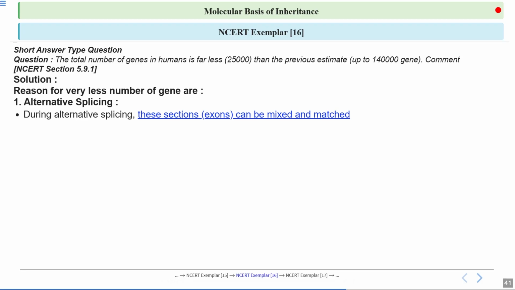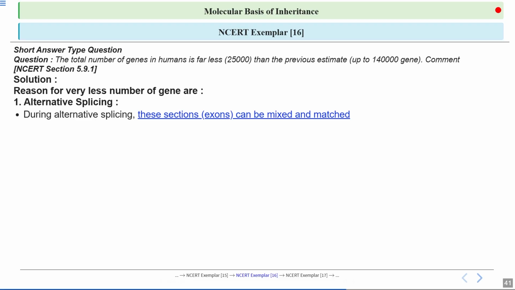See, during alternate splicing, the exons can be mixed and matched. Eukaryotes have split genes. You have exons, then introns, exons, then introns, then exons, then introns. These introns are removed, then exons are joined together, and exons are translated into proteins. So what is happening in alternate splicing? Different combinations of exons are being produced.